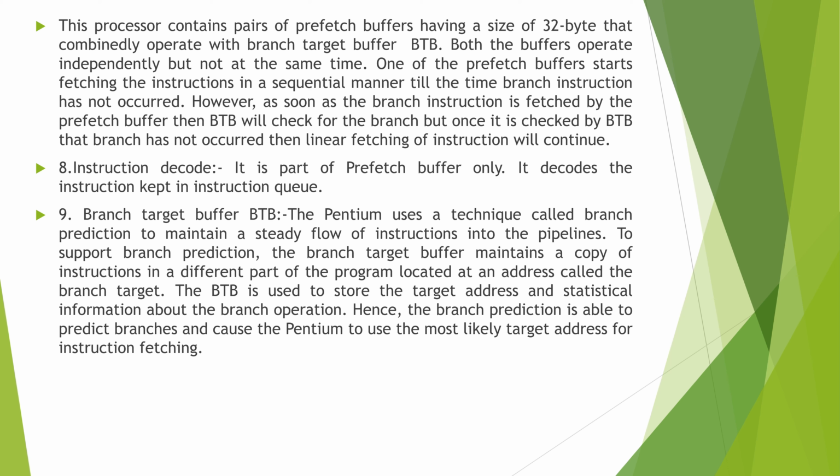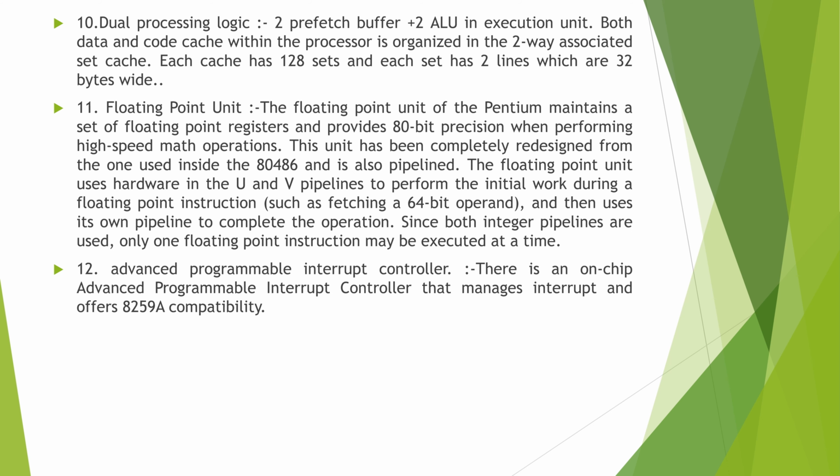The BTB is used to store the target address and statistical information, that is history bits about the branch operation. Hence the branch prediction is able to predict the branches and cause the Pentium to use the most likely target as the address for instruction fetching. Due to that, flushing of the pipeline is avoided.